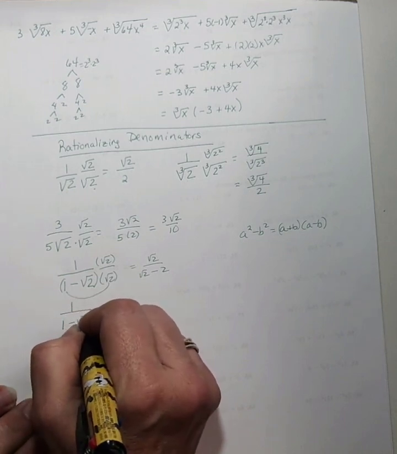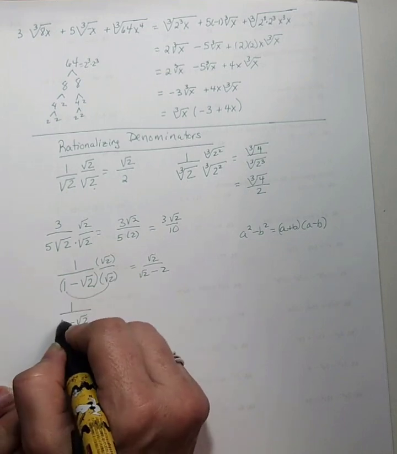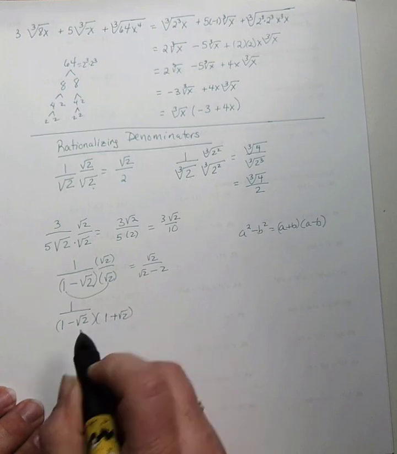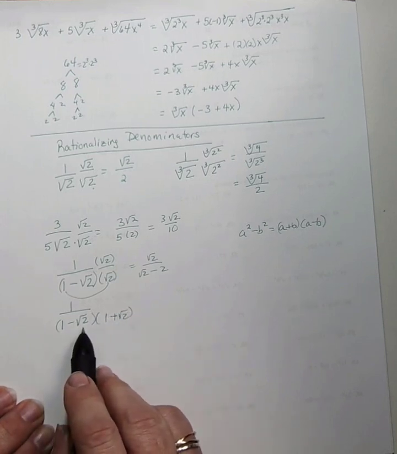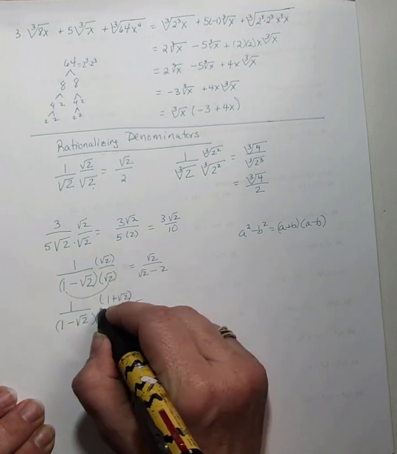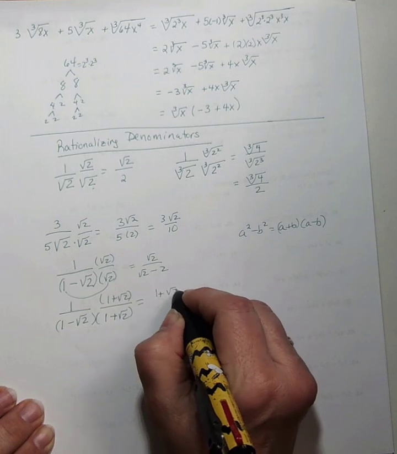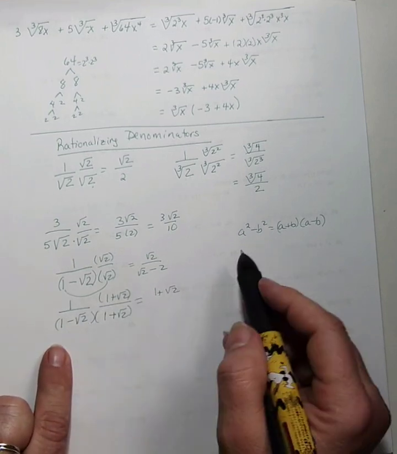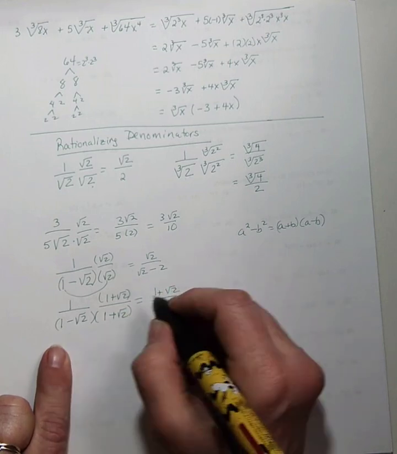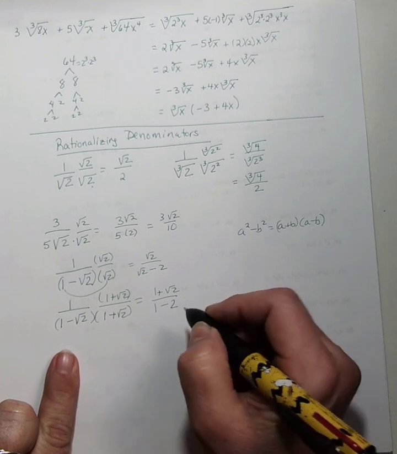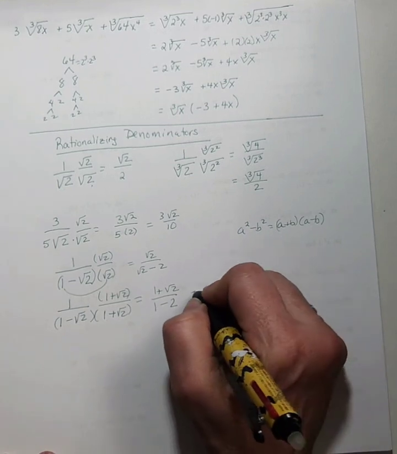So if I had a minus b, a plus b, where my a is 1 and my b is square root of 2, multiply the top by this, I would get 1 plus square root of 2 on top, because 1 times this, and then this is plus and minus. We're going to get the difference of 2 squares, so 1 times 1 is 1, minus square root of 2 times square root of 2 is 2, and that's exactly what we wanted.